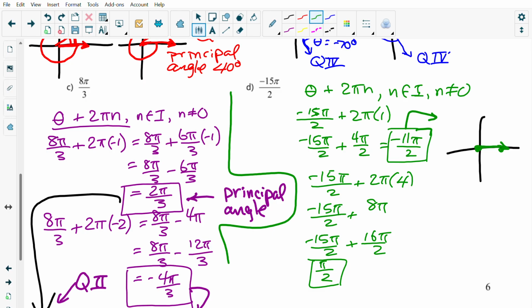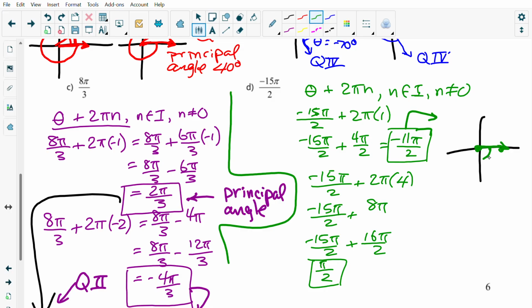So negative 11 pi over 2. I'm thinking of negative 12 pi over 2, which is negative 2 pi, which is one full rotation. So negative 11 pi over 2 is pi over 2 radians short of a full rotation.